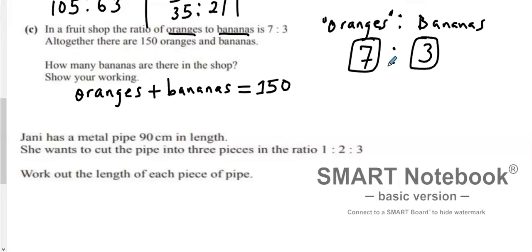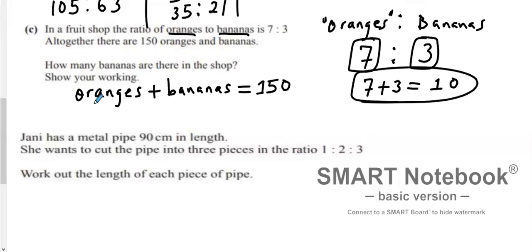What we are supposed to do is add the ratio, which is 7 plus 3, and you get 10. Why did I add these two ratios? It is because here they said all together, the oranges and bananas in total are 150. So that's why you also have to add the ratio. Step number 1 is to add the ratio. Step number 2, the question is how many bananas?